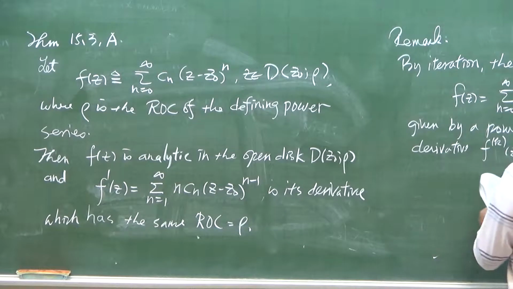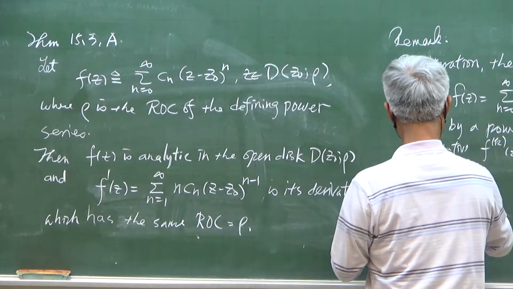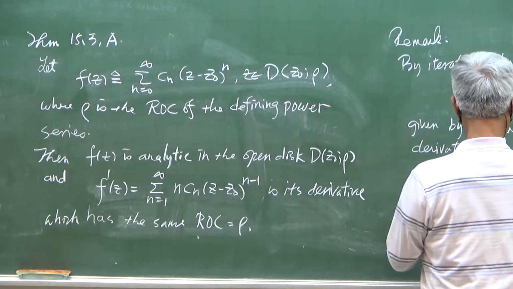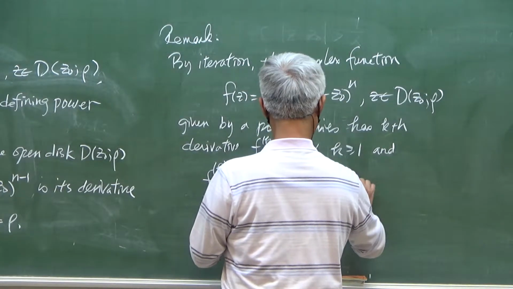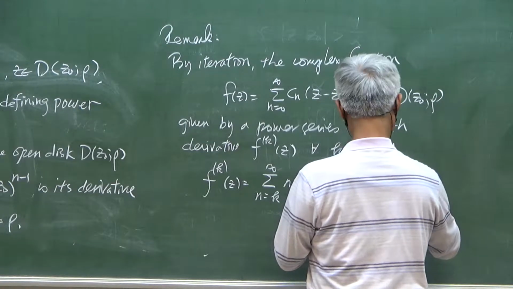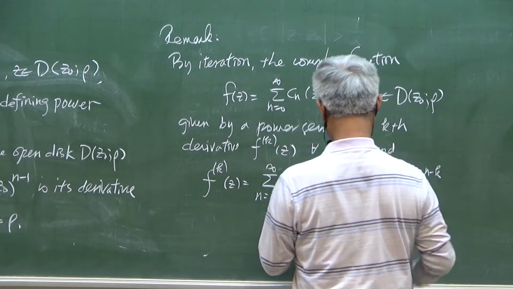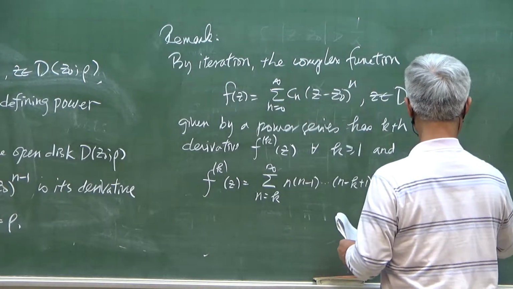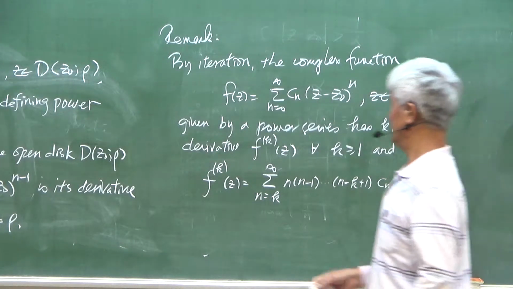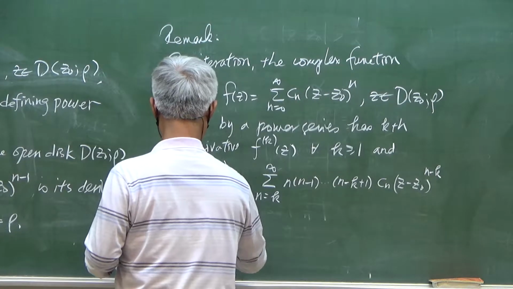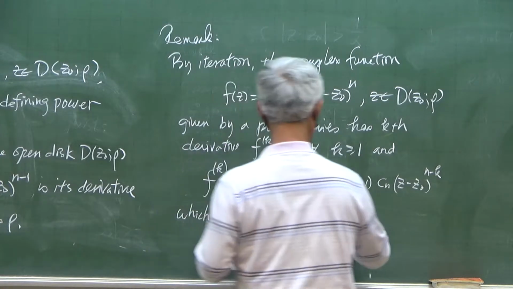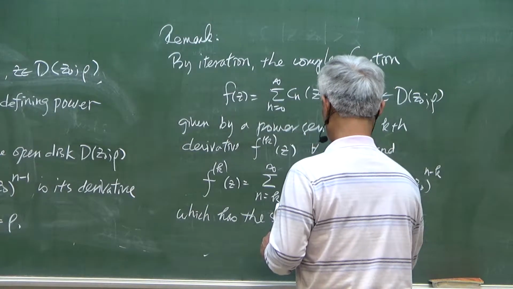And this k-th derivative can be written as a power series, which has the same ROC as f of z.